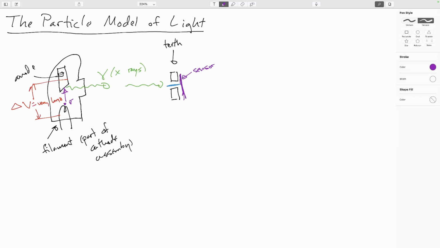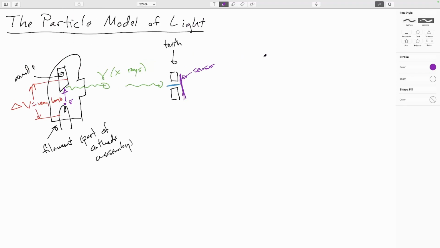And think about what else we can say about these photons of light.